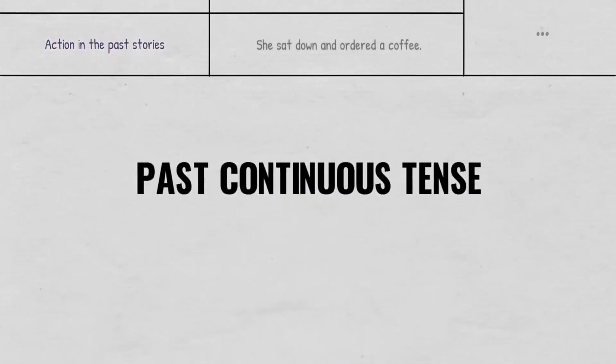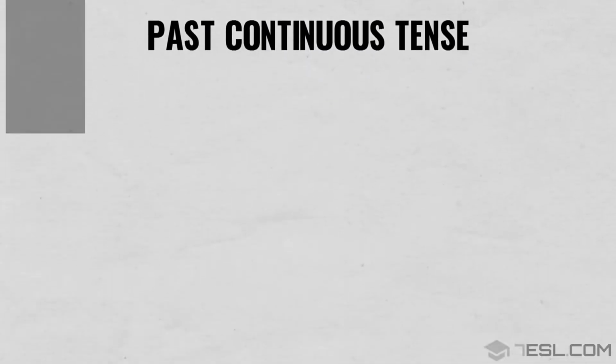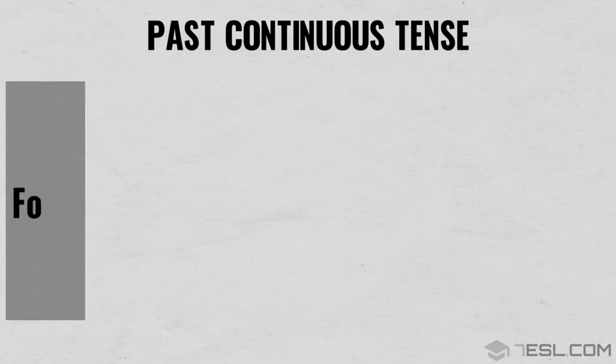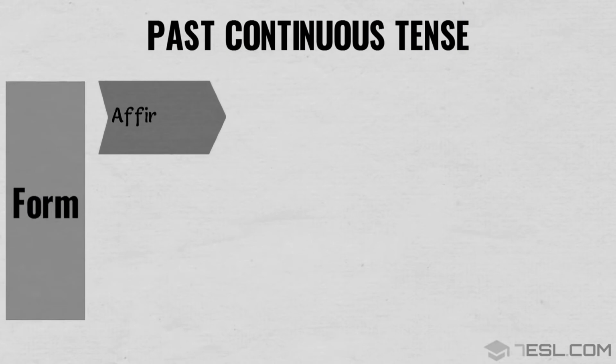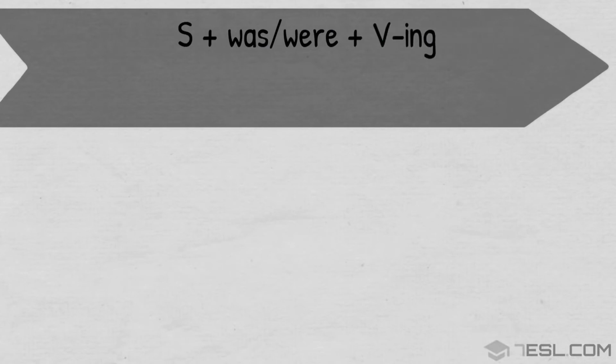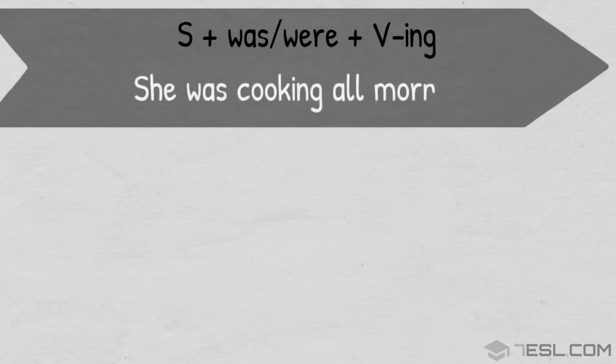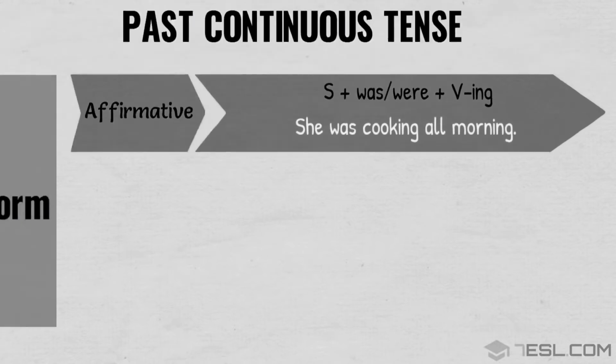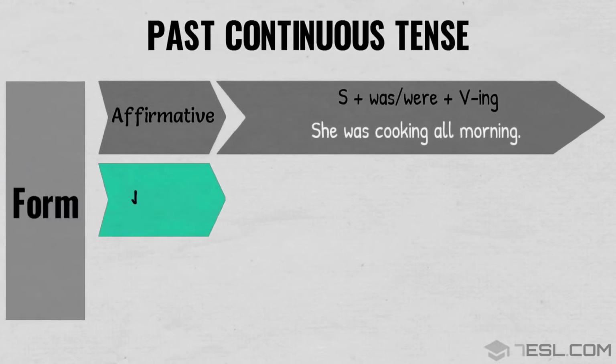Past continuous tense. Form, affirmative. Subject plus was or were plus verb-ing. She was cooking all morning. Negative.